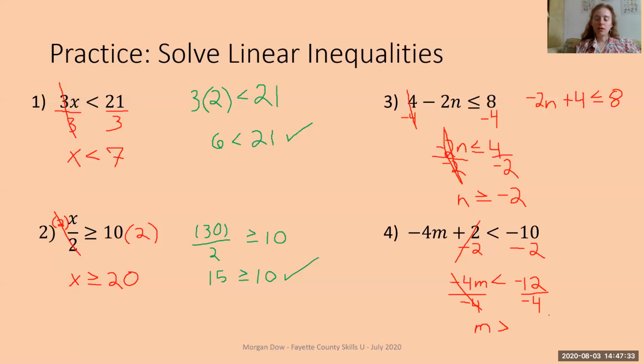And then -12 divided by -4 is 3. Right, 2 negatives make a positive for multiplication and division. So what this final solution is saying is that for the inequality -4 times m plus 2 is less than -10, for that to be true, m needs to be a number that's greater than 3.